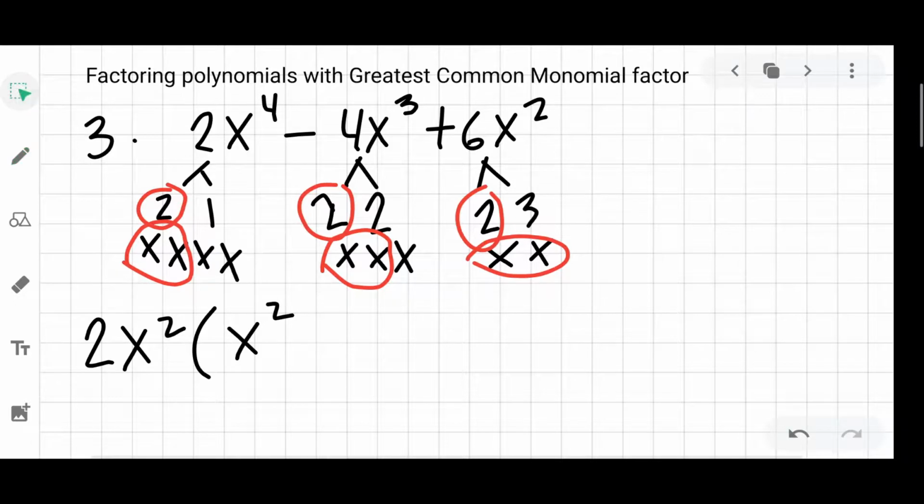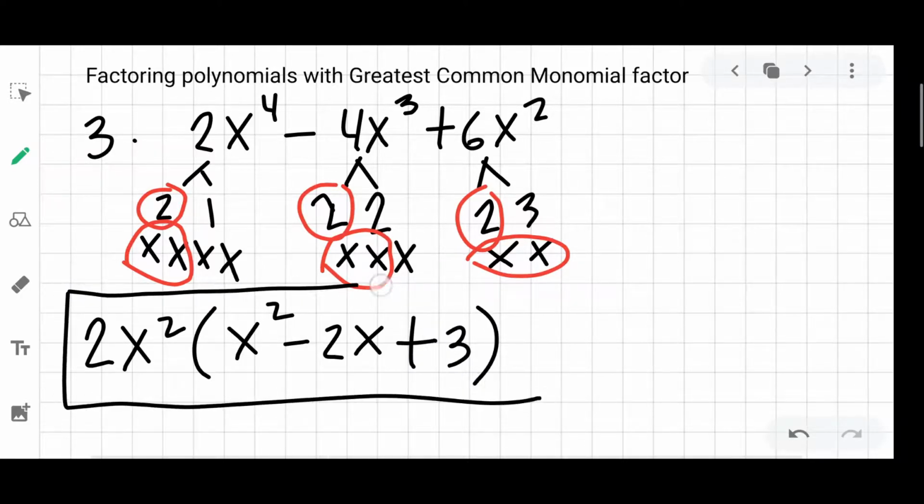Next is, ang naiwan naman na factor sa negative 4x, x cubed is 2x. Sulat natin, negative 2x. Next, naiwan na factor sa positive 6x squared. Copy the sign positive. Ang naiwan na lang is 3. So, this is our final answer.